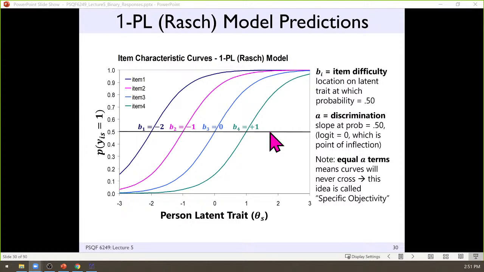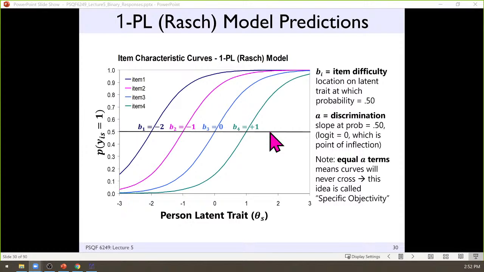Another is that an implication of a model with different slopes is that certain items count more than others. And so you could be in a situation, let's think of it in an educational context, where one student gets 12 items right and another student gets 13 items right, but yet the student who has 12 items right could have a higher theta.